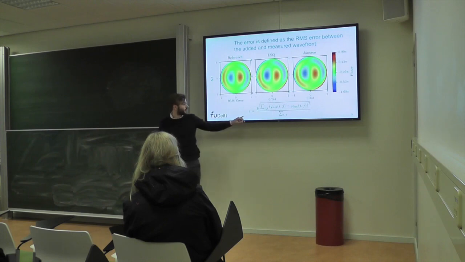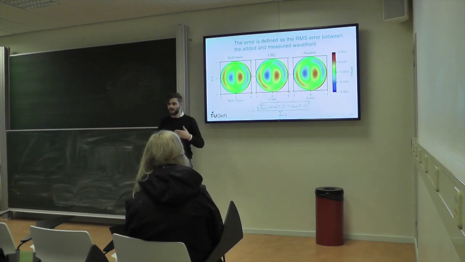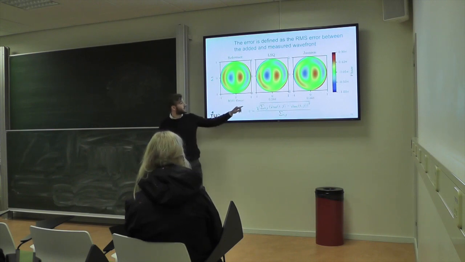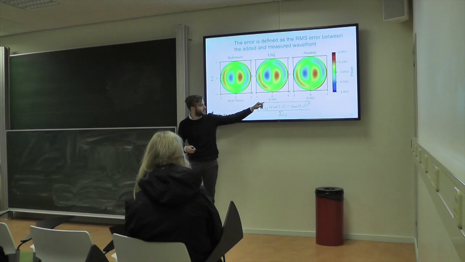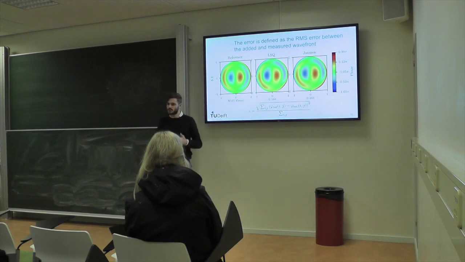Now, if we define our RMS error as a point-by-point difference between the reference phase and the reconstructed phase phi rec, and take the typical RMS error for this, we can see that for the least squares method it would be 0.244, and for Janssen's method it would be 0.241. So very similar RMS errors are seen for very similar phases.